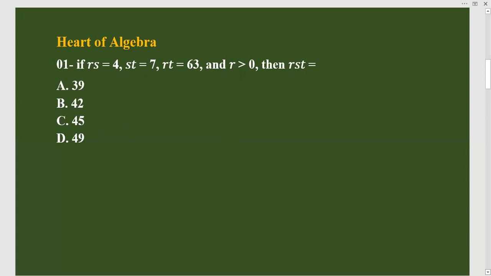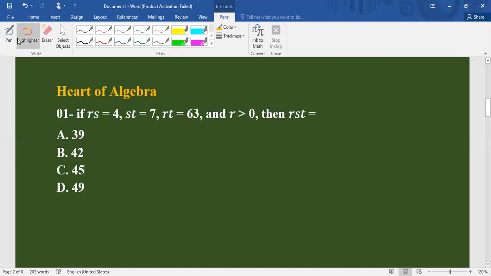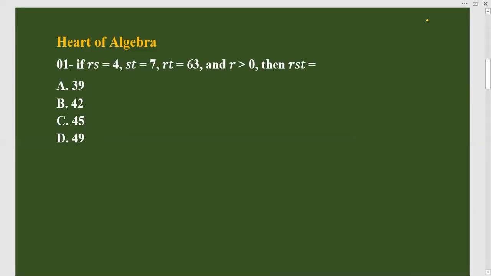Okay, so what exactly do we have to do? We have been given the products of two variables: rs is equal to 4, st is equal to 7, rt is equal to 63. So what are we going to do?